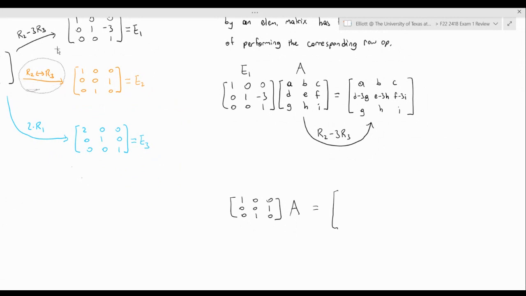Okay, and row 2 swapping with row 3, that was the elementary row operation that corresponded to the elementary matrix E2. Okay, so the product would just have been A, but with rows 2 and 3 swapped.